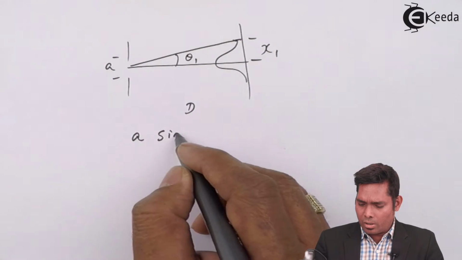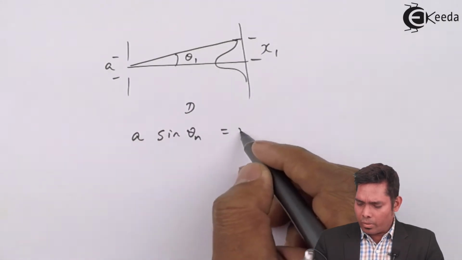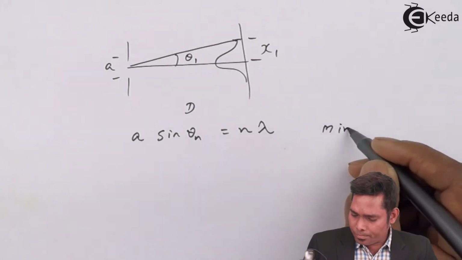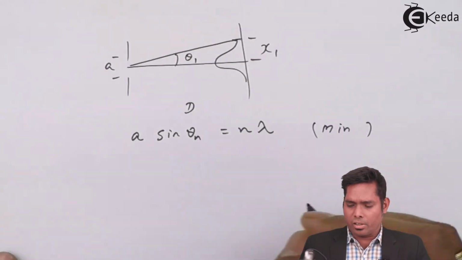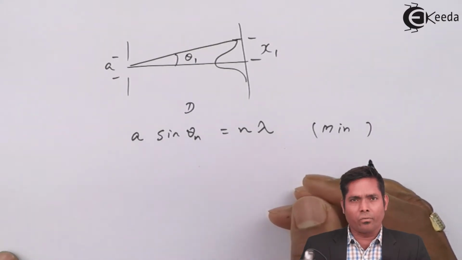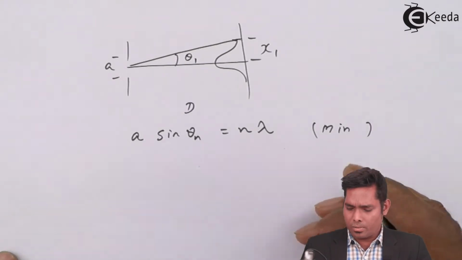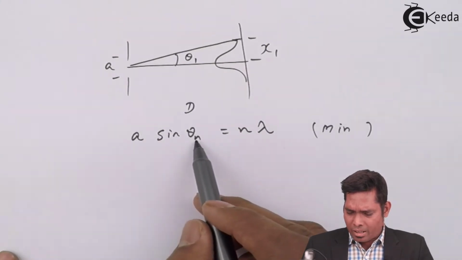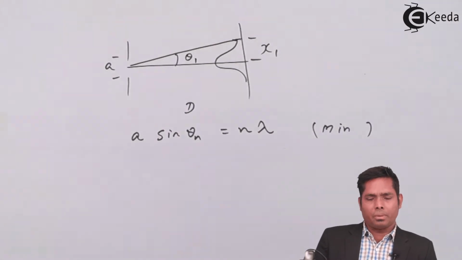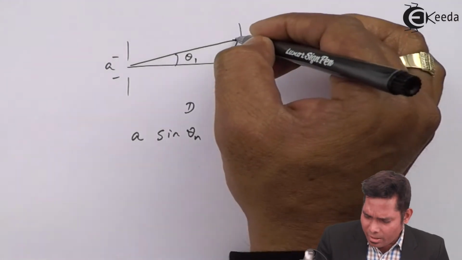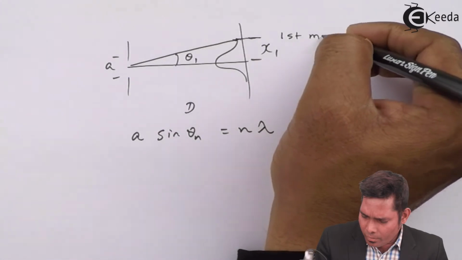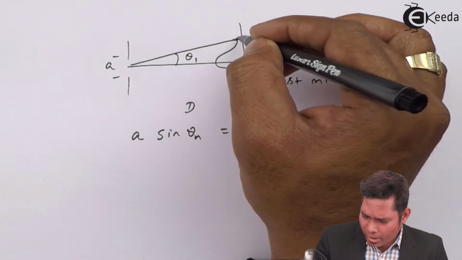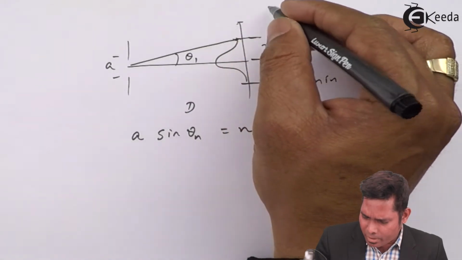We know that A sine theta n equals n lambda for the minima. This is the general condition for minima in single slit diffraction. A is the width and theta n corresponds to the order of the minima. The first minima is here, here also the first minima, then the second minima and so on.